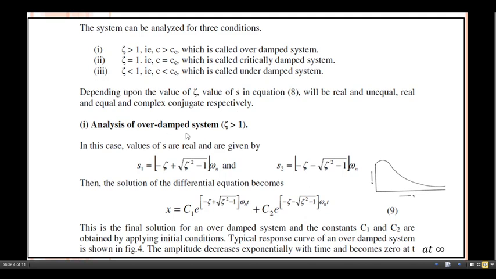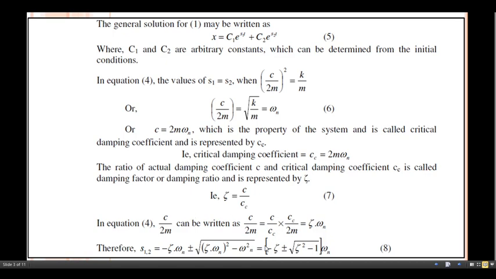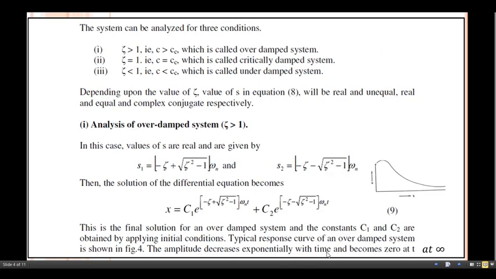So let us start with the first condition, analysis of overdamped system, that is zeta greater than 1. In this case, the values of s are real and are given by this relation: s1,2 equals minus zeta plus or minus square root of zeta square minus 1, into omega n.